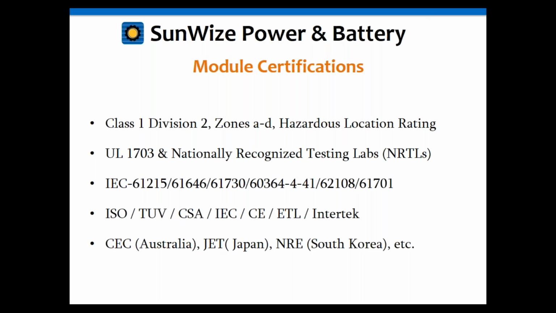That's important for some oil and gas applications. There are other ones as well: ISO, which could be used for quality, CE, ITL, IEC, CSA, and a whole bunch of other ones. Again, the most common ones you're going to probably find here in the US are either the UL, IEC, or the Class 1 Div 2 hazardous rating.